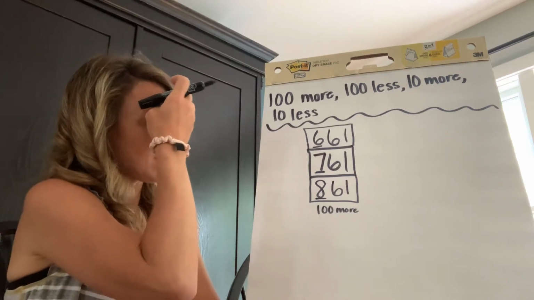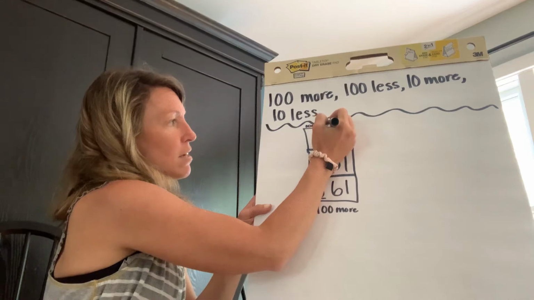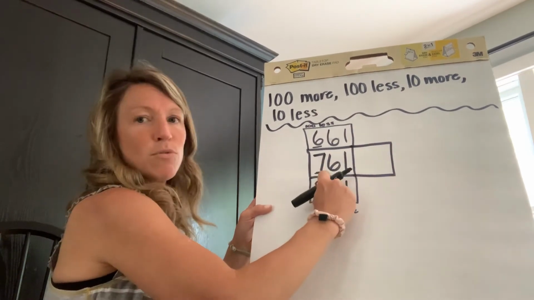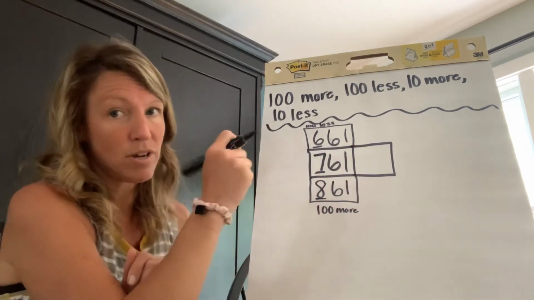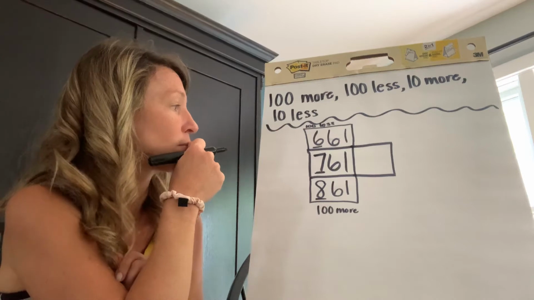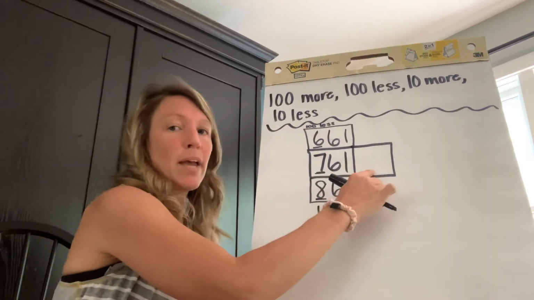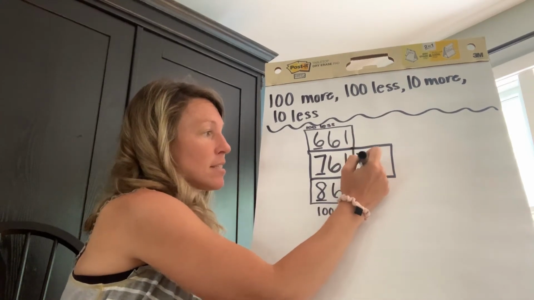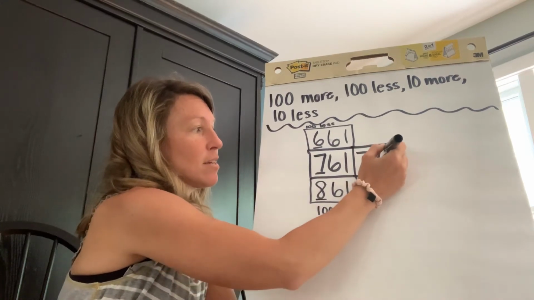So now I want you to think about what it's going to look like if we move over to the right on the thousands chart. Let's see, if I'm going this way, I think the 700 is going to stay the same. 771.